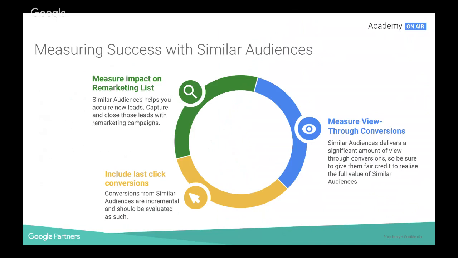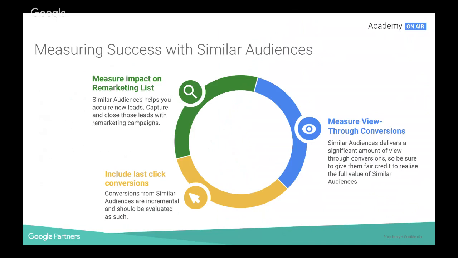Remarketing, or RLSA, is a really performance-oriented tool which is meant to bring people back for the second time to your website and make them convert. So a remarketing list can show really good results also if you are in a last-click attribution model. For example, if you're looking at last-click conversions in your analytics account.